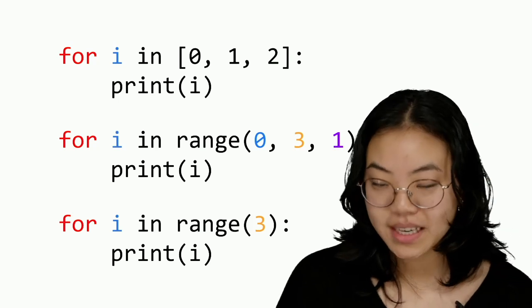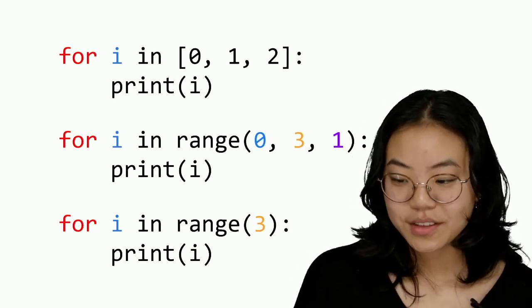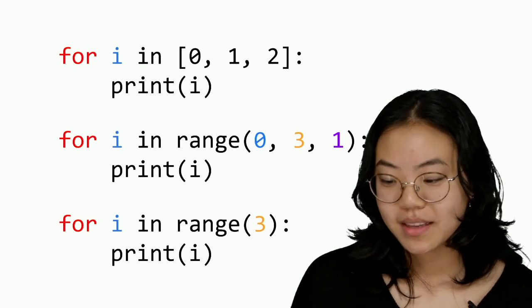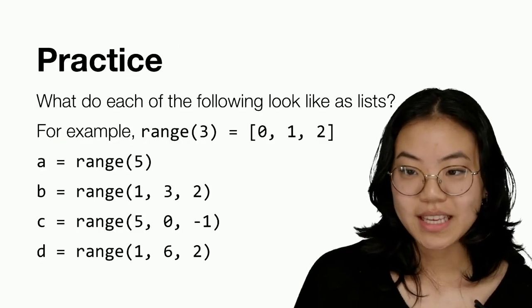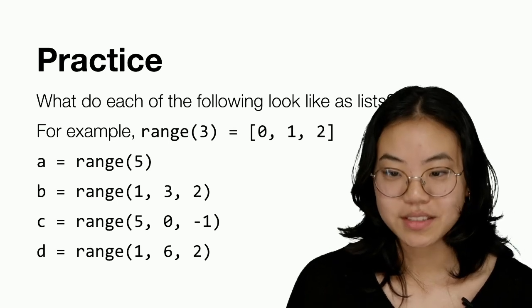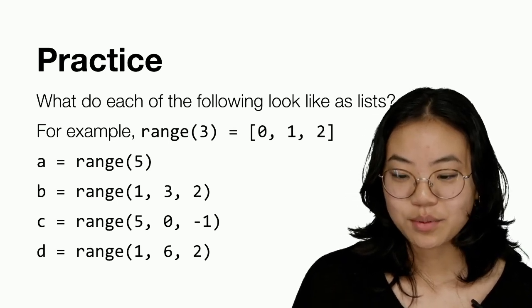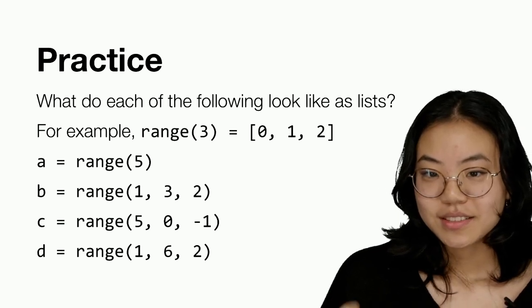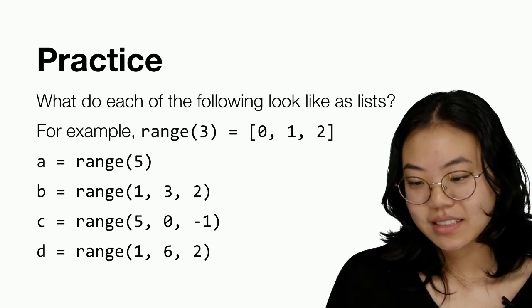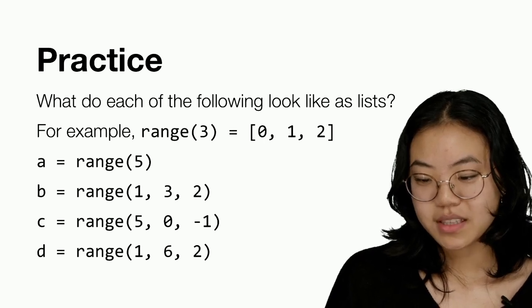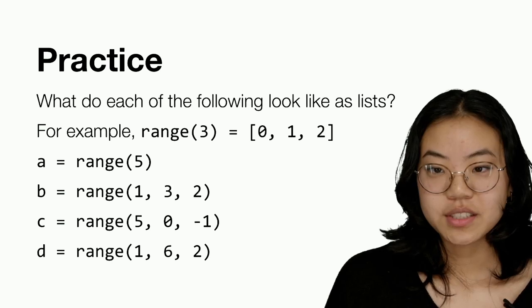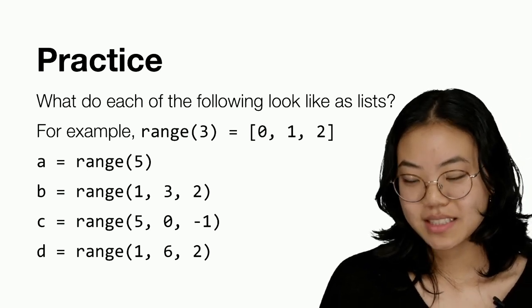However, because of these default values, and because you can change them, you can also do some funky things, creating different kinds of lists. So to practice, let's take a look at this and imagine what each of these range functions will output as a list.